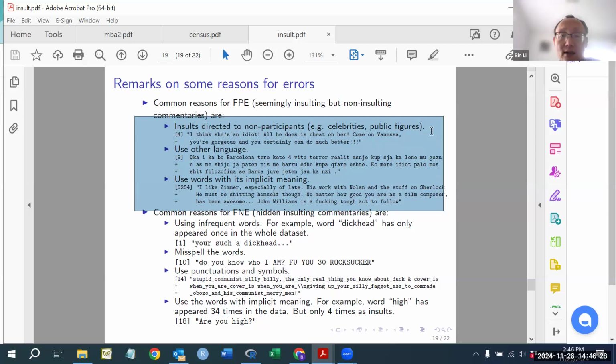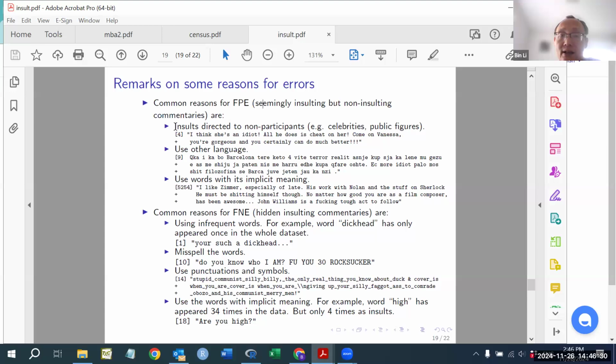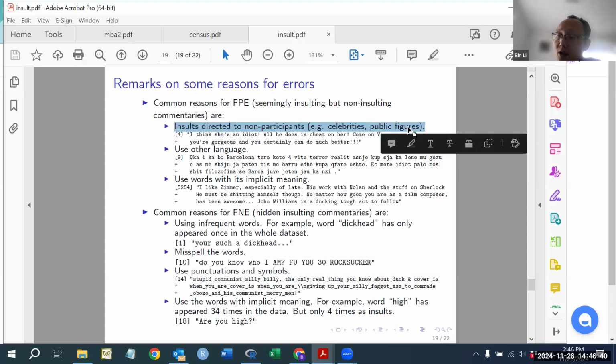So the first reason is insults directed to non-participants, like celebrities and public figures. In this case, the random forest doesn't do a good job distinguishing whether the insult is directed to a participant or to a non-participant. I listed some examples here.